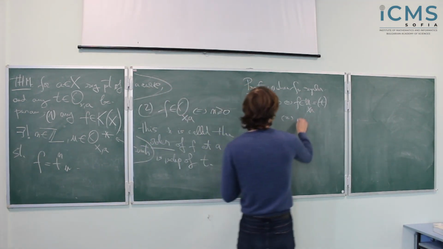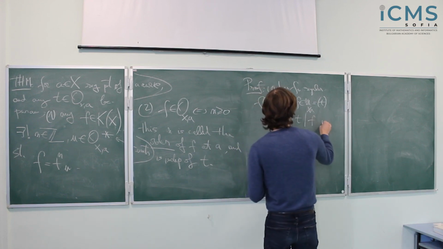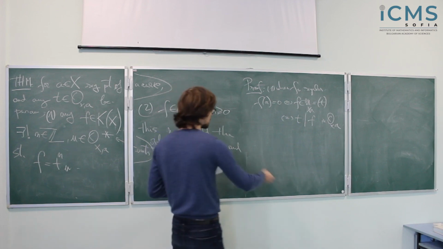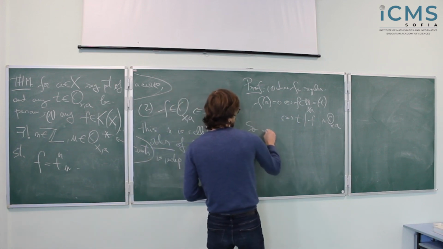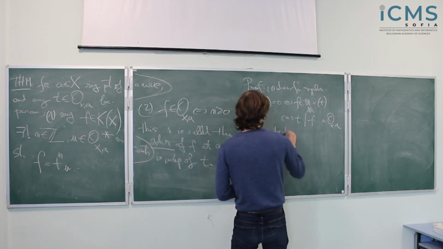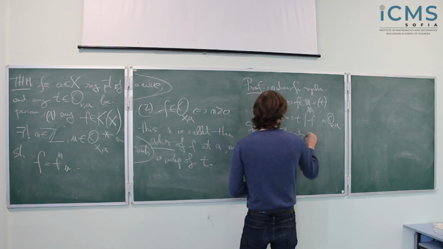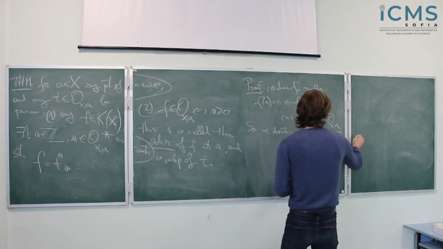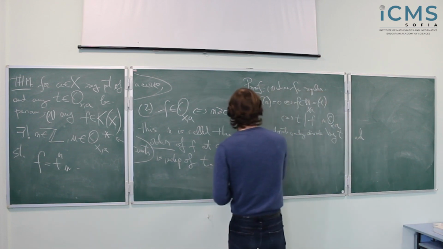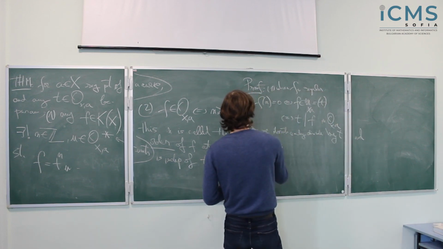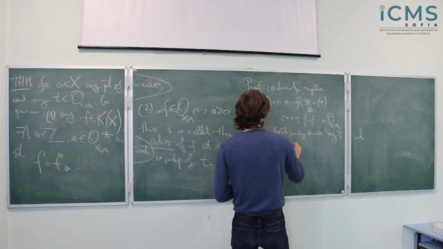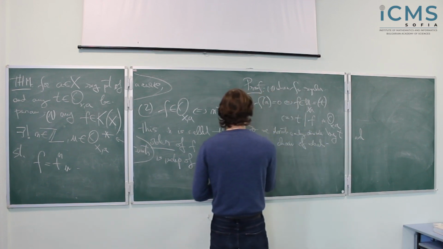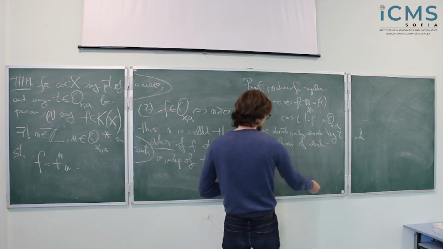And this amounts to saying that t divides f in O_{X,A}. So what do we do? We iteratively divide by t and obtain a chain of ideals inside of O_{X,A}.